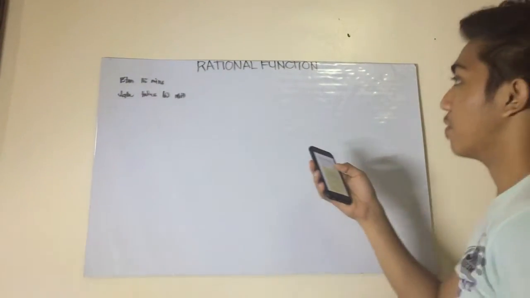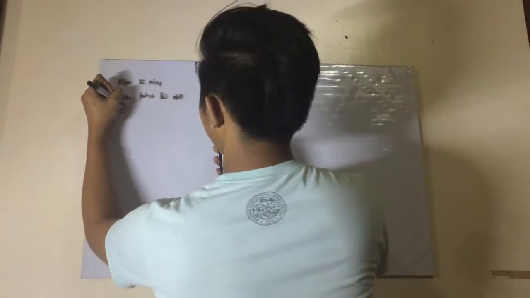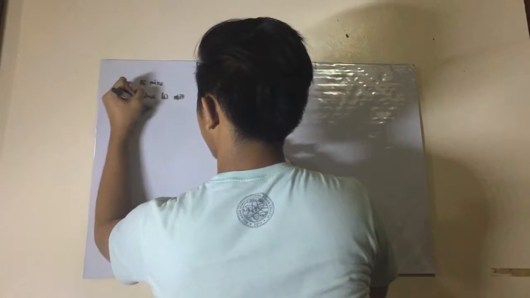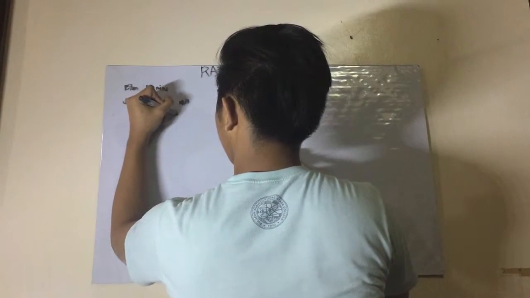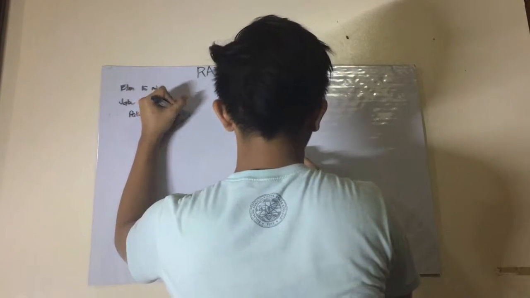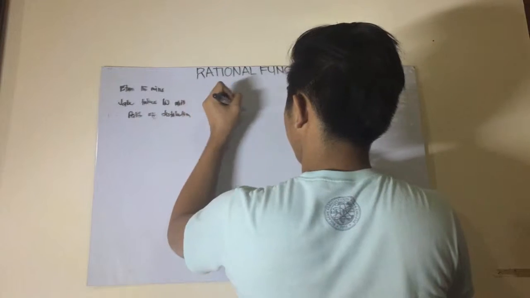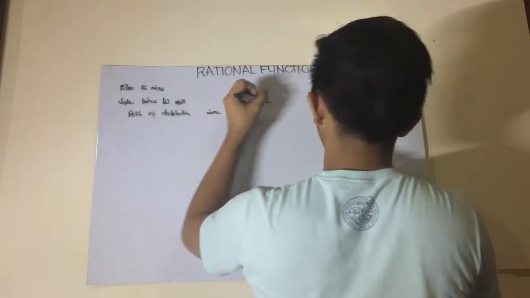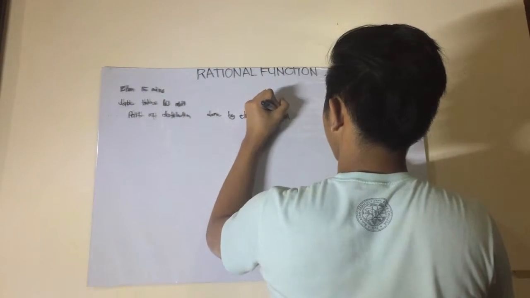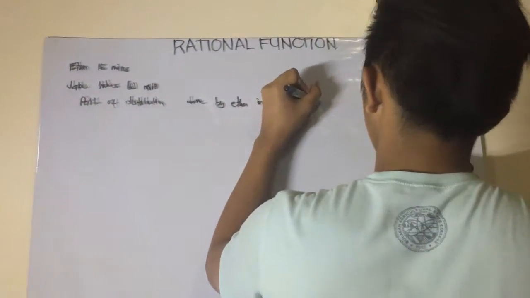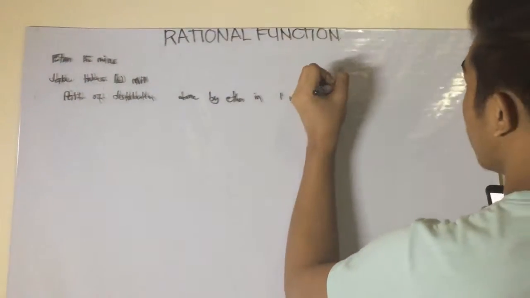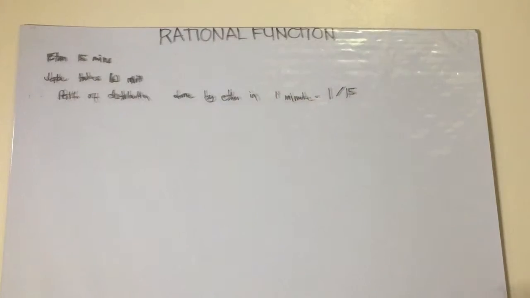So ito, again, part of distribution done by Ethan in 1 minute. So it will be 1/15.